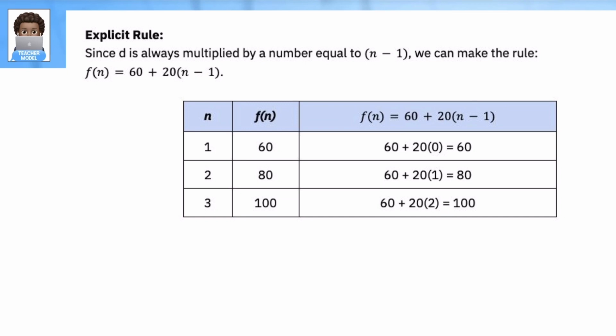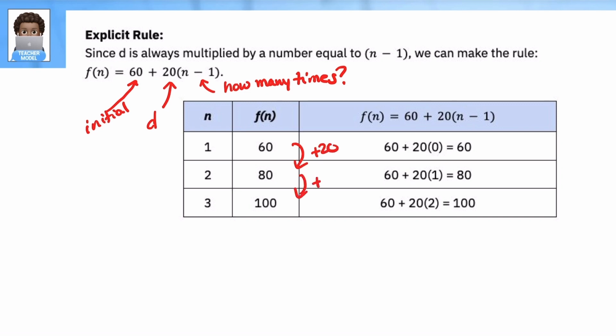Let's look at the explicit rule a little bit more and just break it down. So we have our initial number, our start, we have our common difference, D, and then we're figuring out how many times we are adding D. All right, so how many times are we going to do the plus 20, plus 20, plus 20, plus 20? That's the goal here. So here, our D is still adding 20, so our D is still 20.